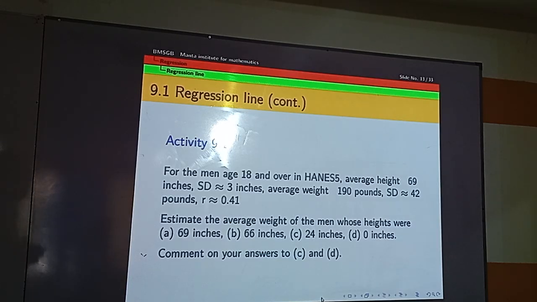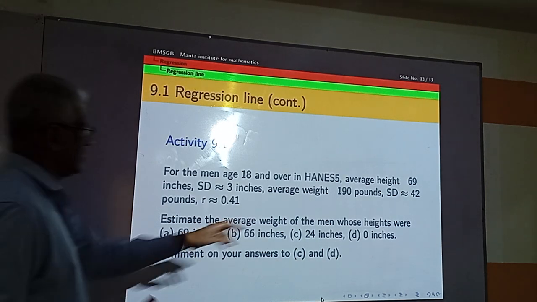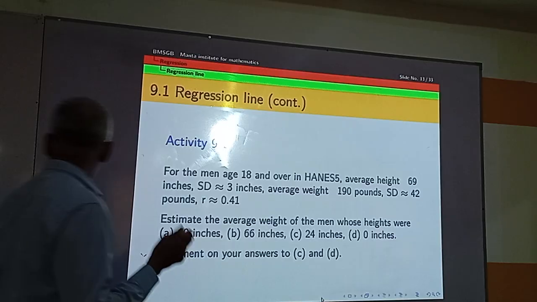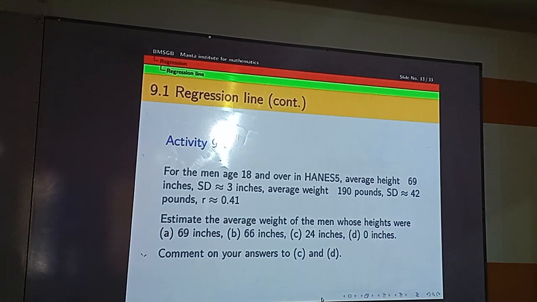66 is one standard deviation below the average, right? This is one standard deviation. So this is 66 and this is 190, and we are now considering this 66. This is 69. We are considering 66.